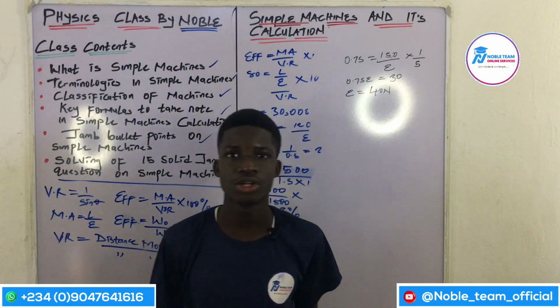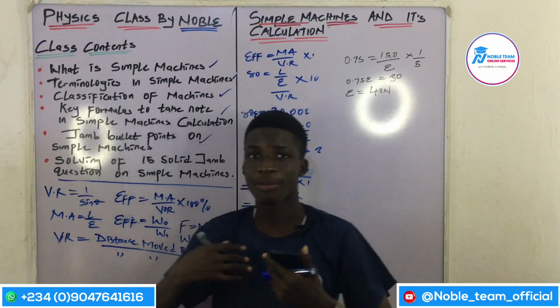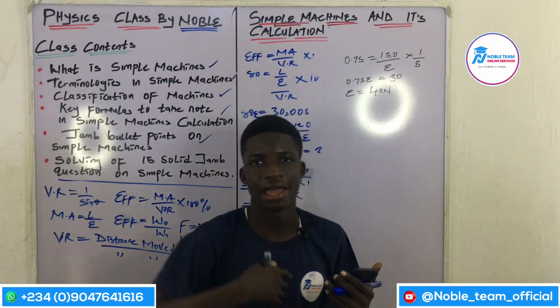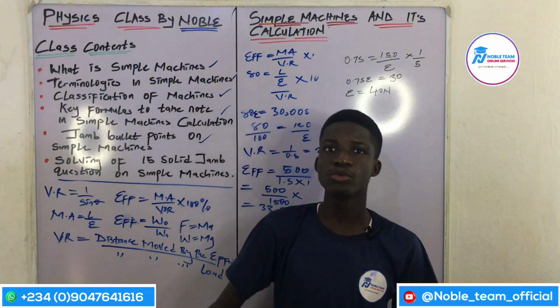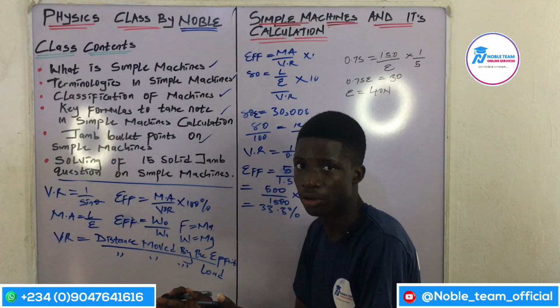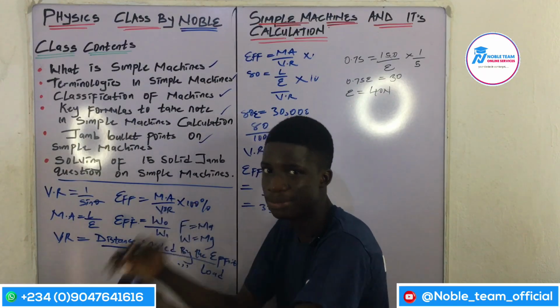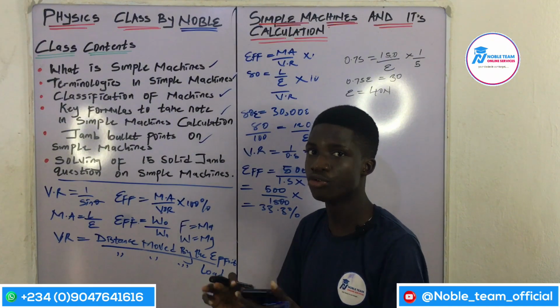Once you see any calculation, make sure you read the question carefully, because this thing normally happens to me: I rush to solve the question, and after solving I'll be rejoicing that I've seen the answer, not knowing that I solved for another thing. That is why you need to follow the question bit by bit. Don't just rush into the question because you know it.